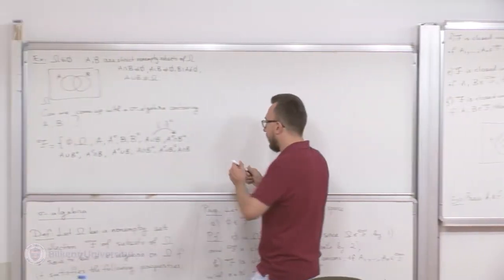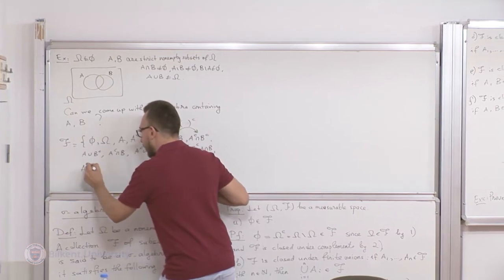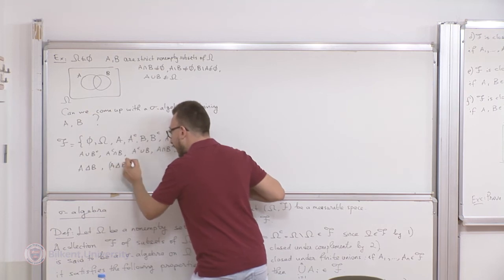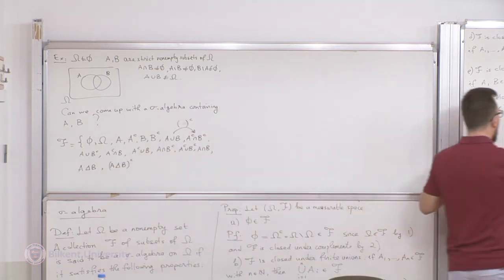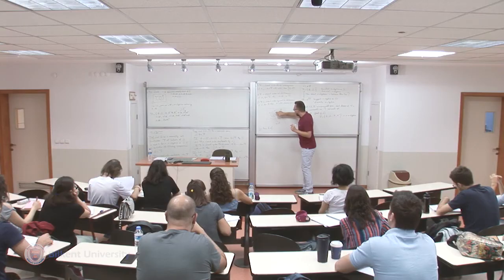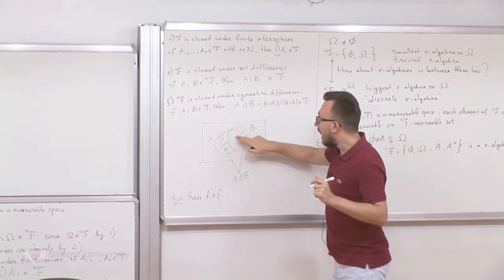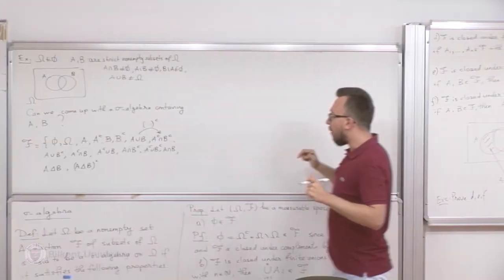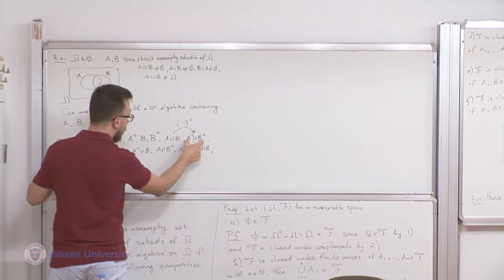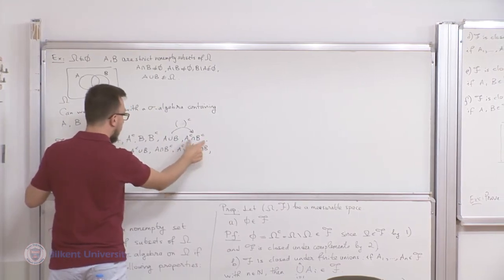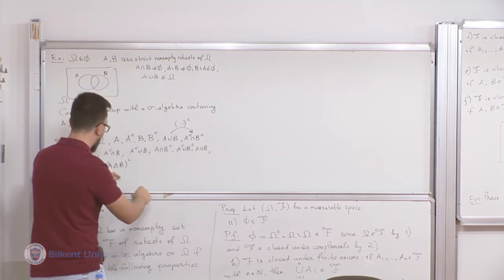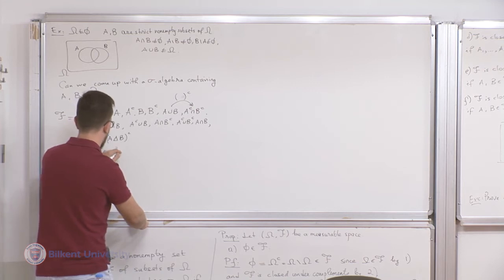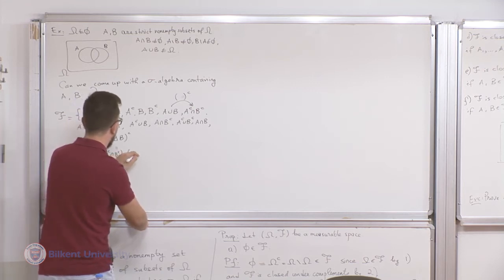Let's add it. And since I add this, I should add its complement and make sure that I haven't listed the complement yet. What is the complement? Well, complement is this and this, right? A intersection B union the complement of A union B, which is this. So the union of this and this.